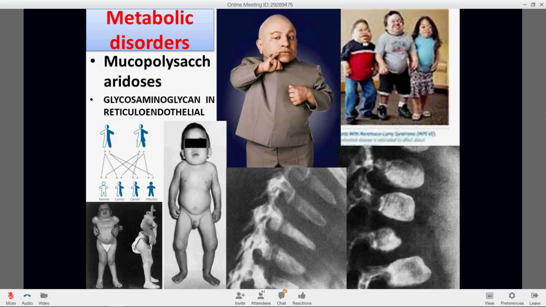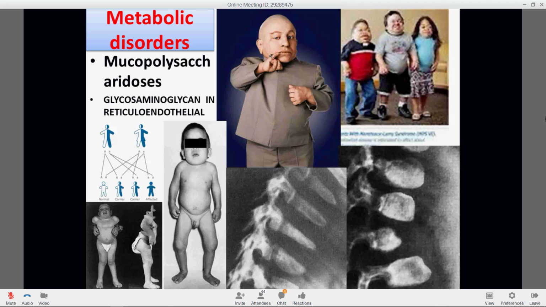It usually presents as autosomal recessive, and the child is born normal, but within the first 2-3 years he will have delayed walking and increased kyphosis, and there is protrusion of the sternum. The spine shows platyspondyly. The vertebrae are flat, and there is odontoid hypoplasia.